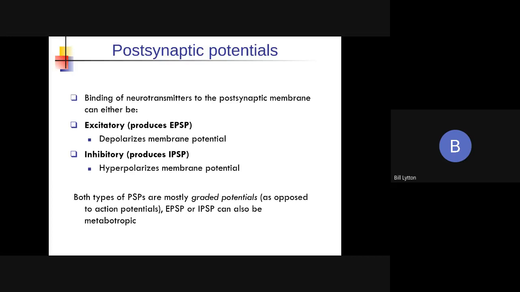And there are also what are called shunting potentials, which in the absence of any other signal you wouldn't even see, because all they are is opening up channels that are changing the input resistance of the cell without changing the polarity of the cell, without depolarizing or hyperpolarizing. And so those shunting effects, which you can see mostly with GABA-A chloride synapses, would now cause any signal, whether it be excitatory or inhibitory, to have less effect because it will simply leak out of those channels. So it's called shunting potentials.